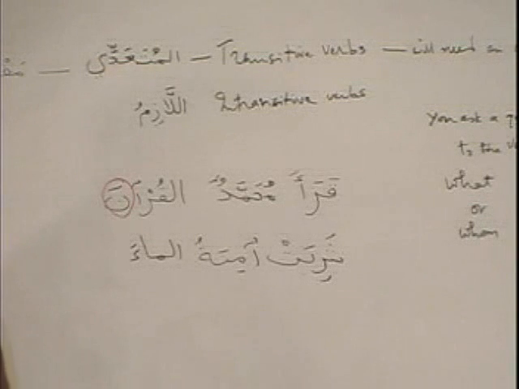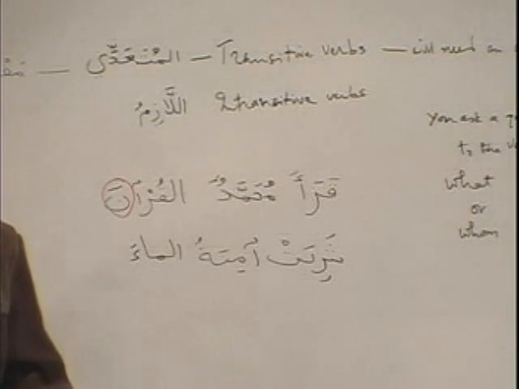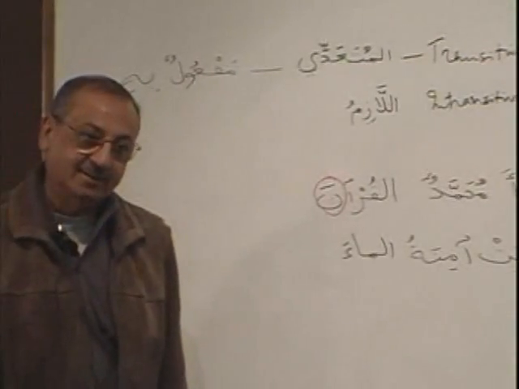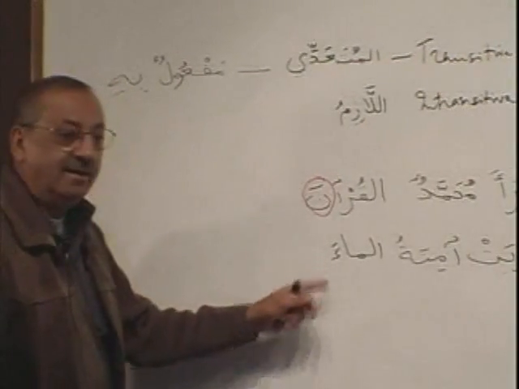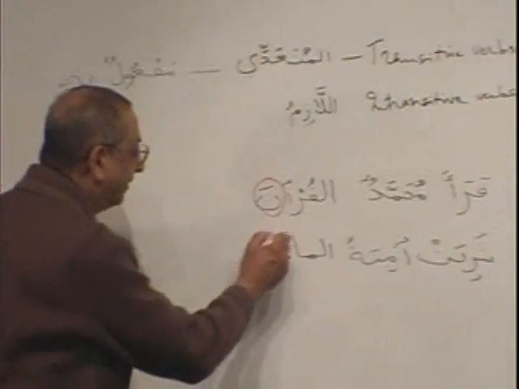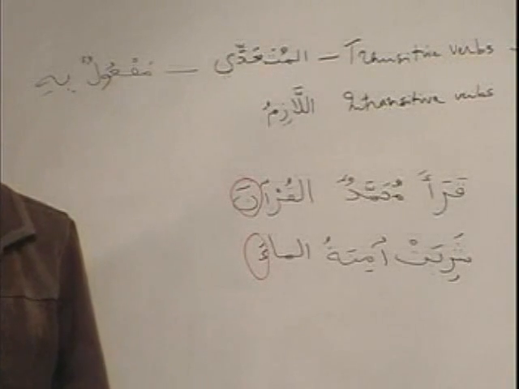And where is the fa'il? Aminatu. Okay. Sharibat Aminatu. Amina drank. Drank what? Then we get the answer, al-ma'a. So al-ma'a is your maf'ulun bihi. And do you see that it is mansub? Maf'ulun bihi will always be mansub.